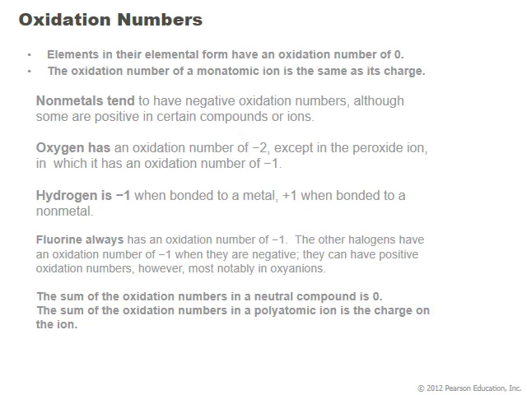Now here we're going to mention oxidation numbers for pure elements. Keep that in mind. Pure elements in the form of element have an oxidation number of 0. For example, if I have H2 molecule, its oxidation number is 0. Similarly, if I write down oxygen, that also would have oxidation number 0.